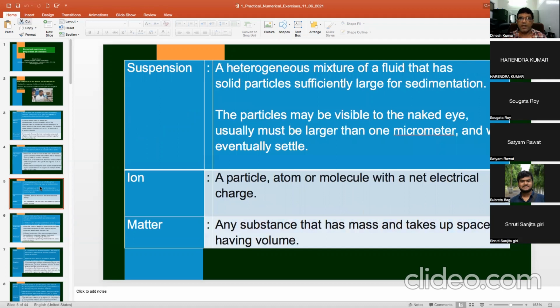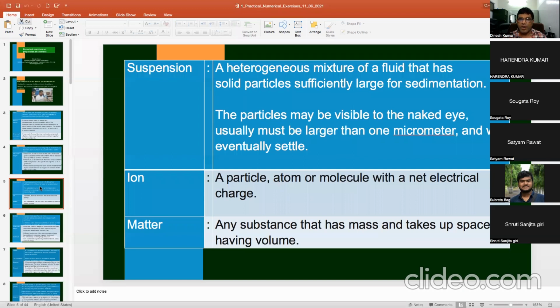Now suspension, a heterogeneous mixture of a fluid that has solid particles sufficiently large for sedimentation. The particles may be visible to the naked eye, usually must be larger than 1 micrometer, and will eventually settle. Suspension.